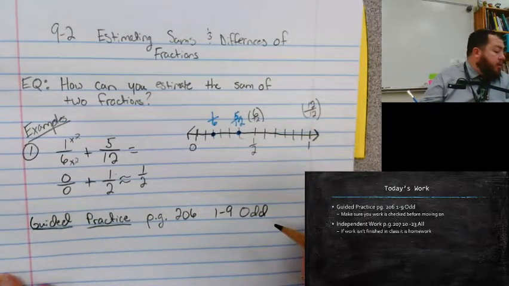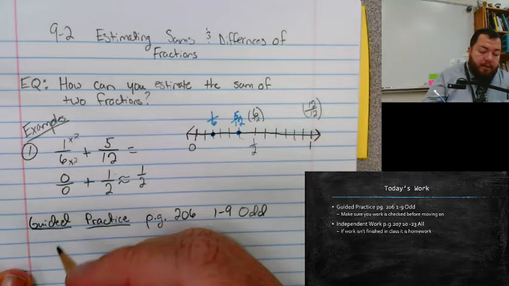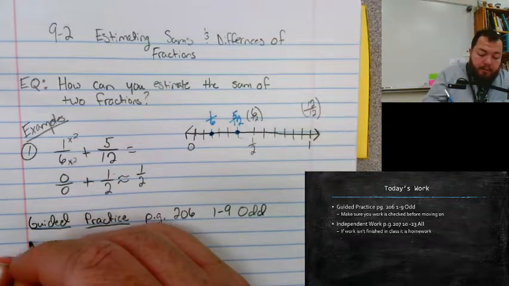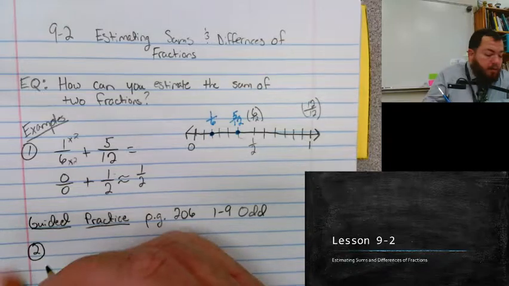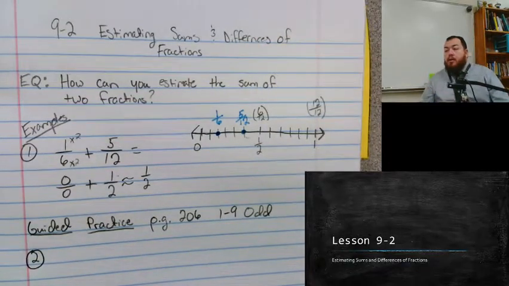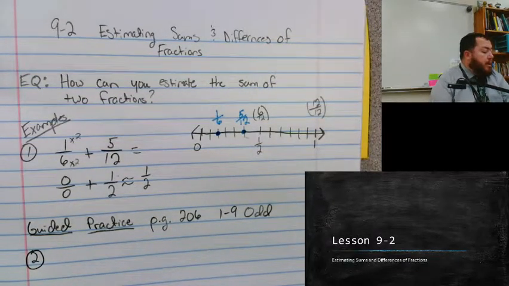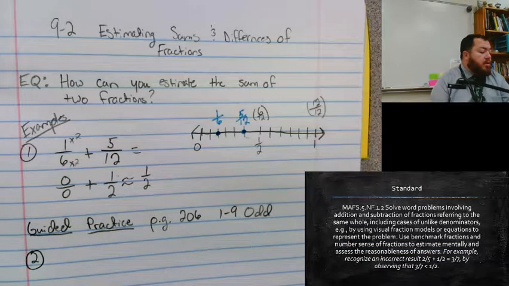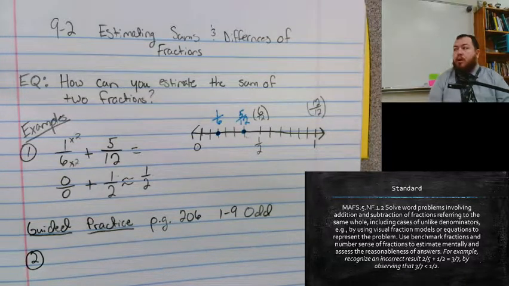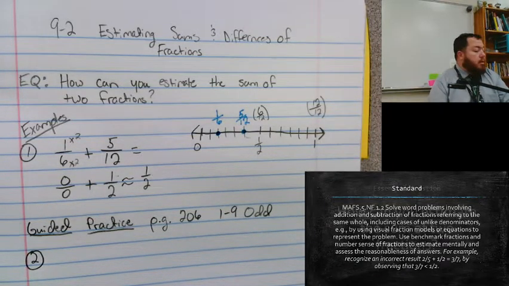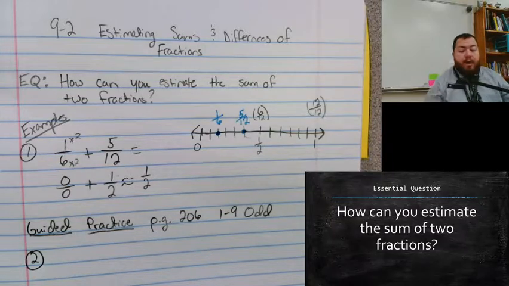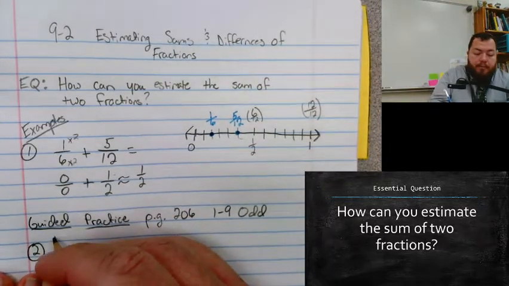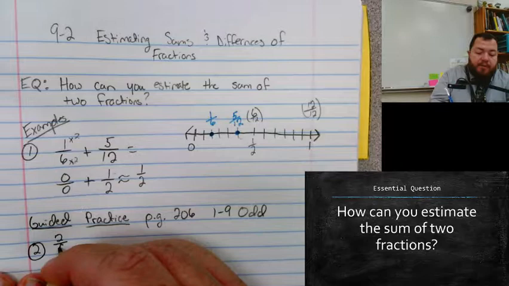So I'm going to go over number 2 and number 5 with you guys. First thing I'm going to do is read my directions. The directions are, for 1 through 3, use a number line to tell if each fraction is closest to 0, 1/2, or 1. So my fraction for number 2 is 2/5.